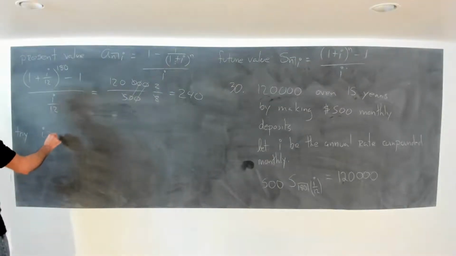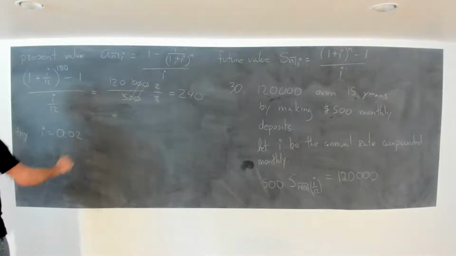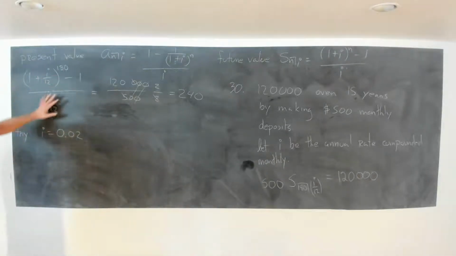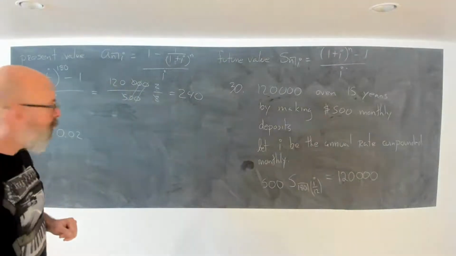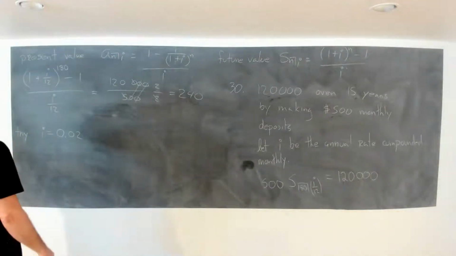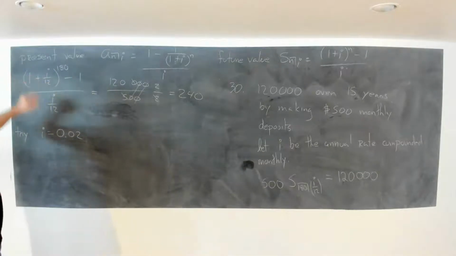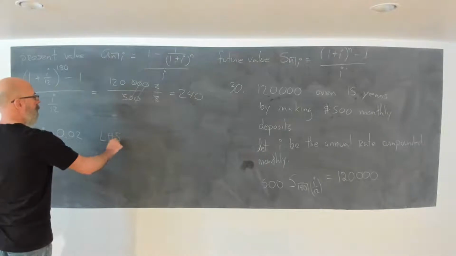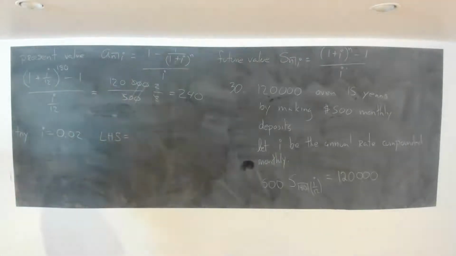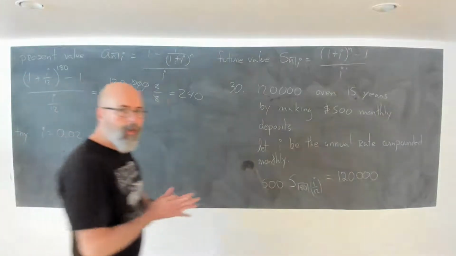Try I equals 0.02 and plug it in. See what happens. What happens if I is 0.02? What is the left-hand side? Somebody want to work that out for us?